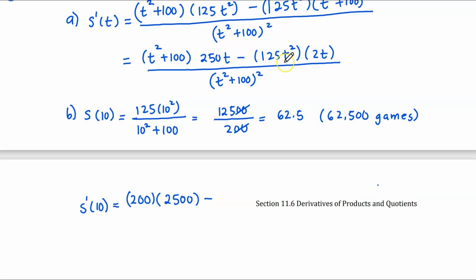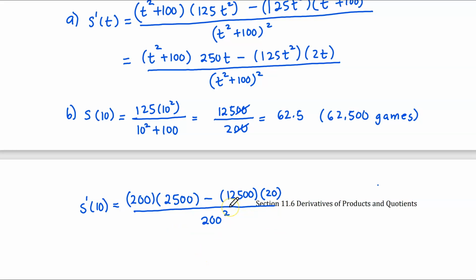So 125 times 100 is 12,500, times 2 times 10, so that's 20, divided by 10 squared, which is 100, plus 100. So that's 200 squared. And then just go ahead and plug this into your calculator.